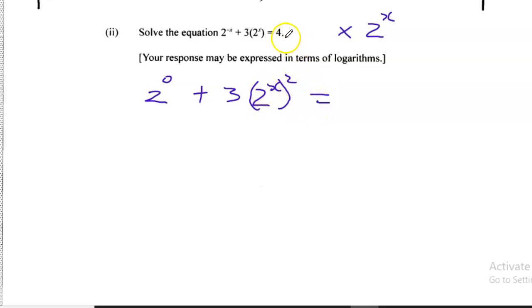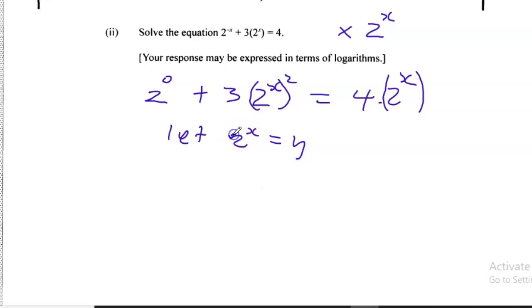And then 2 to the x times the right hand side. You end up with 4 times 2 to the power of x. Now, to make the calculations easy, we can let 2 to the x be equal to y. So 2 to 0 of course is 1. So this will be 3y squared equal to 4y.